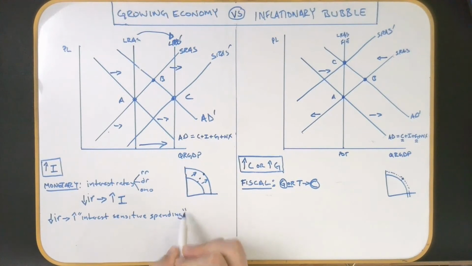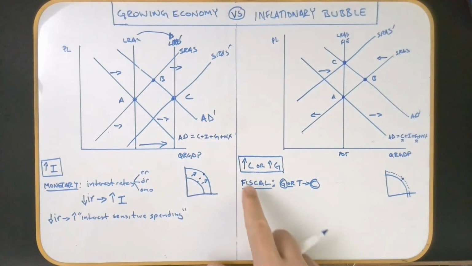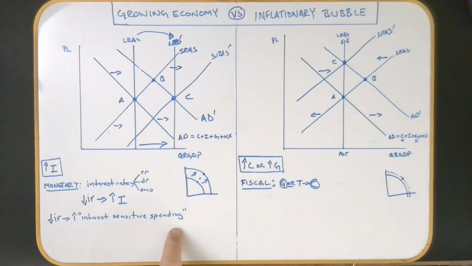They love that phrase. Now, interest-sensitive spending does include consumption, because people will buy more cars, so there'll be an increase in C, in consumption, but the one that's really important is the increase in I.